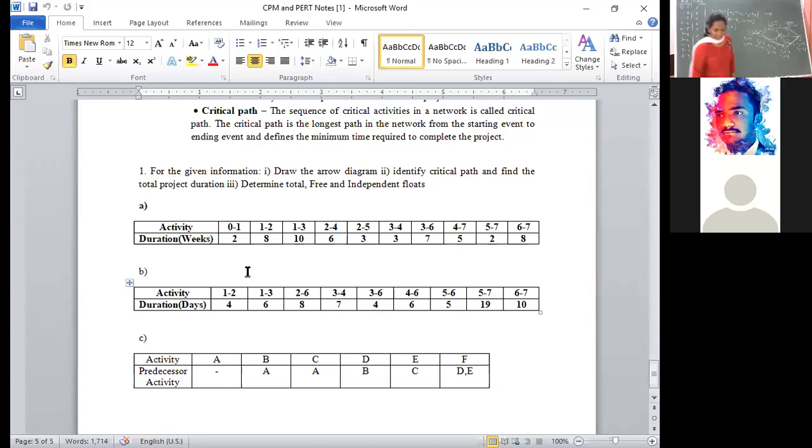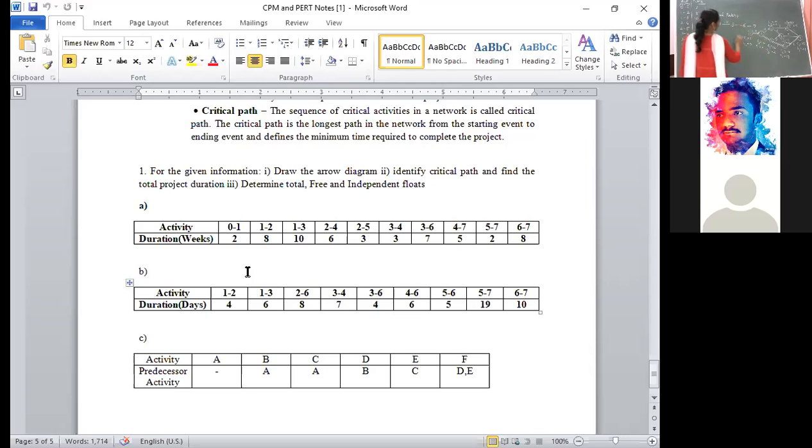Right now, how to write the critical path? Already you have represented it in double line arrows. Critical path CP, wherever you have drawn a double line, you have to represent: 0 to 1, 1 to 3, 3 to 6, 6 to 7. 0 to 1, the duration is 2. 1 to 3, what is the duration?